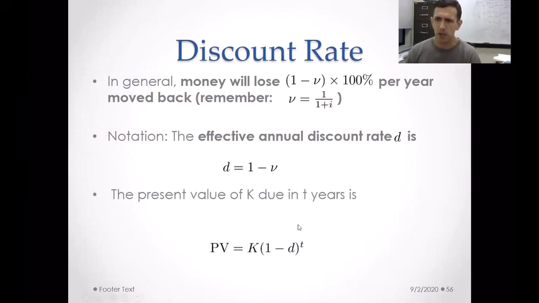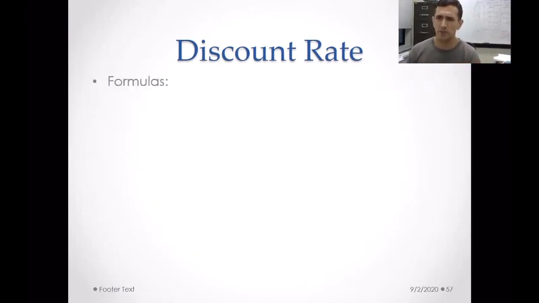Okay, and this says, as we've seen in an example, when you figure out what percentage per year moved back money will lose, you convert that to a decimal, 1 minus that decimal, which is d, raised to the t times k gives you the present value of k due in t years. Right?